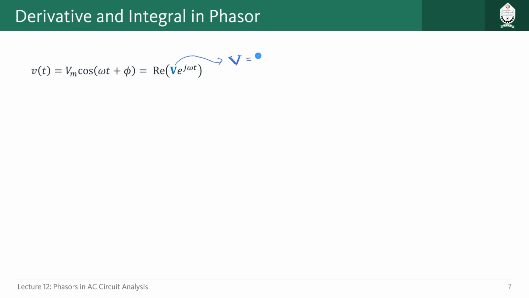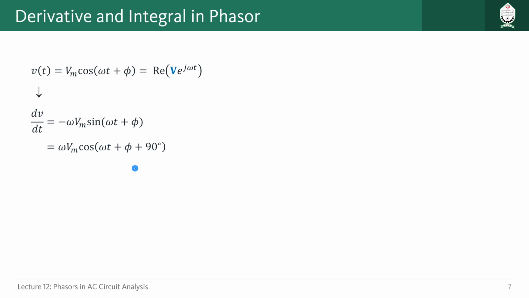This can be represented as Vm with angle phi, right? This is the phasor counterpart of our signal v of t. Now, if we want to find the derivative of v of t, that should be something like this. We had already seen in our previous video how to take the derivative of v of t. So that is this one, right?